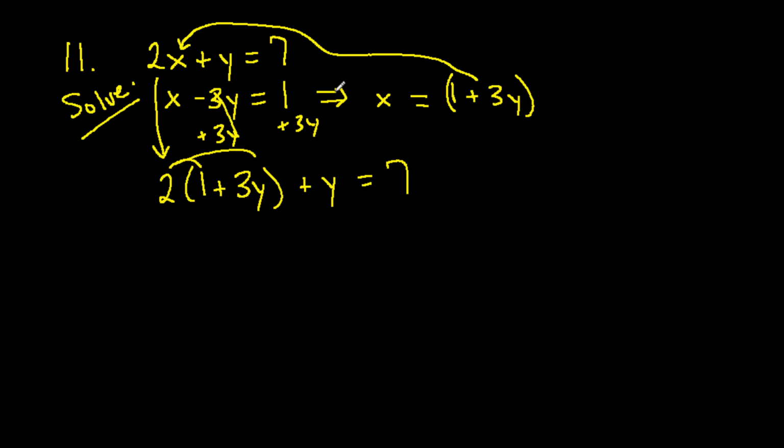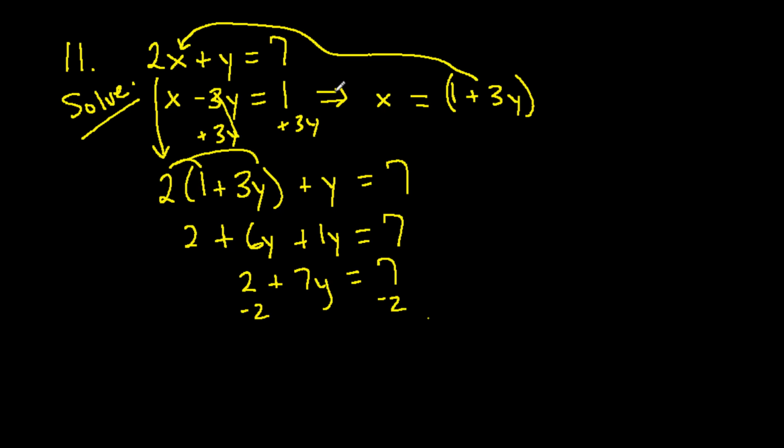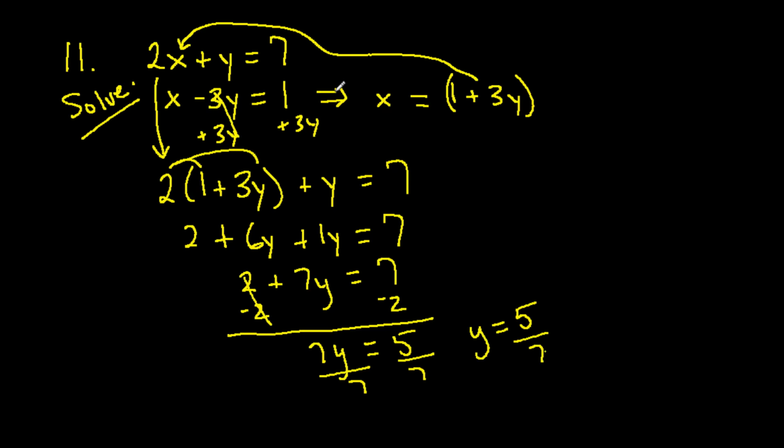Now we'll distribute. 2 plus 2 times 3y is 6y. y is another 1y. So when we add these together, we get 2 plus 7y equals 7. Subtracting 2 from both sides of the equation, I get 7y equals 5, and dividing both sides by 7, y equals 5/7. Knowing what y is, I can easily solve for x. Right here we see that x equals 1 plus 3y, but y is 5/7.